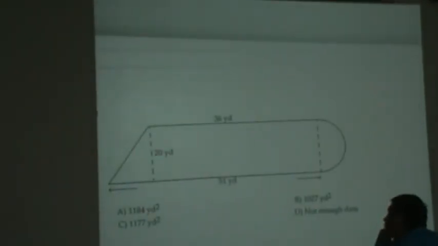What are we adding to get the area of this thing? Triangle, rectangle, and a half circle. Almost looks like a sorority, like Delta Kappa Delta Pi, I don't know. Okay, this was length times width.